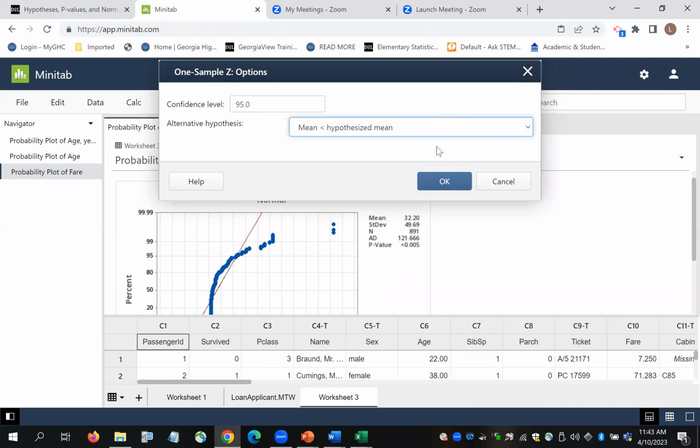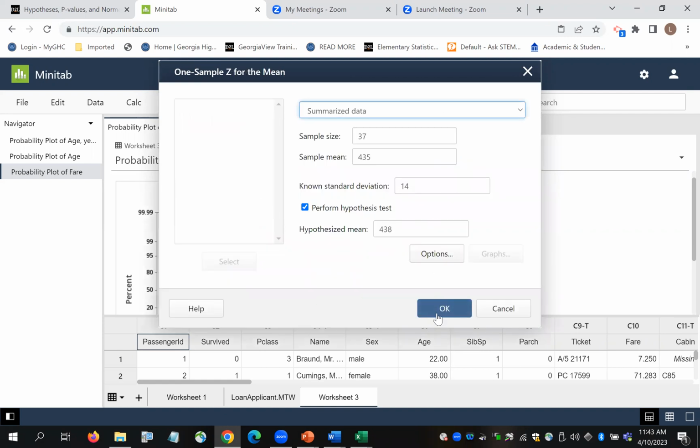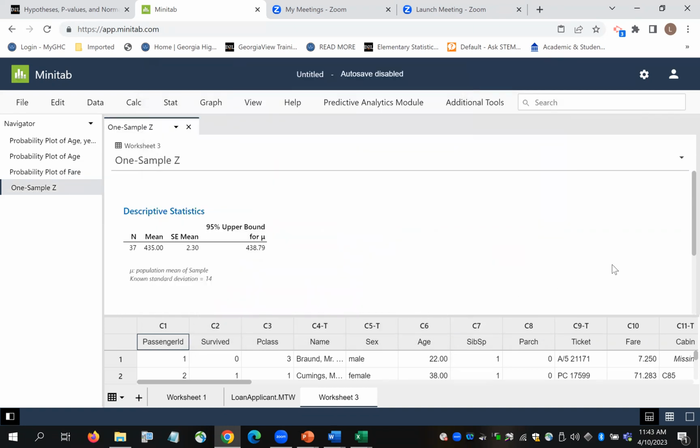Remember, I told you that the symbol in the alternative hypothesis determines whether you have a one-tailed test or a two-tailed test, and that affects the calculations. So you have to choose which symbol you have. And in this case, it was less than.